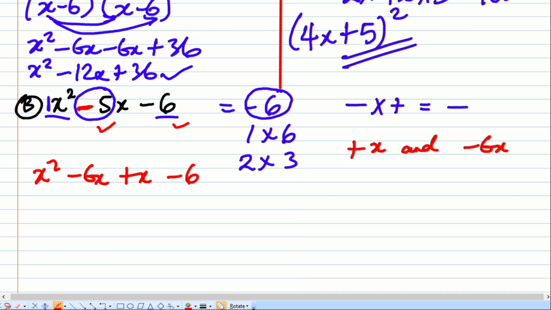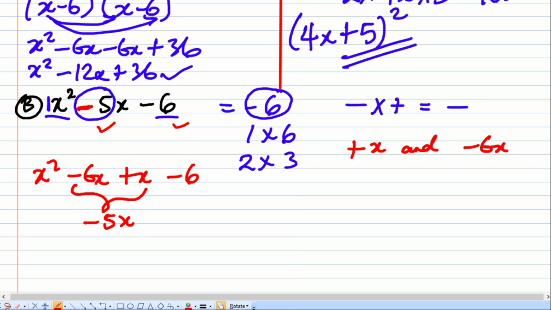Whether you write plus x first or you write minus 6x first, you're still going to get the same thing, no matter how you do it. Remember, we've not changed anything in this expression, because minus 6x plus x is the same thing as minus 5x, which is the same as the original question.